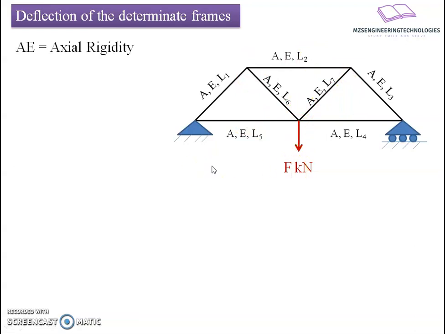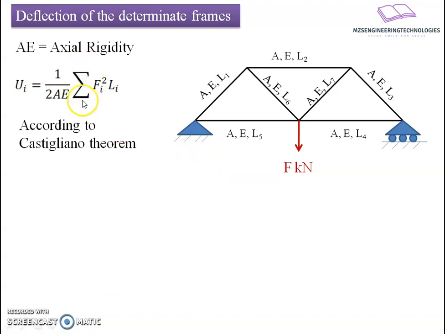So as per Castigliano's theorem, if I am interested in the deflection at a particular point by the particular load, I have to take the partial derivative of the total energy stored by the system with reference to the load under which I want the deflection. This was the statement made by Castigliano.